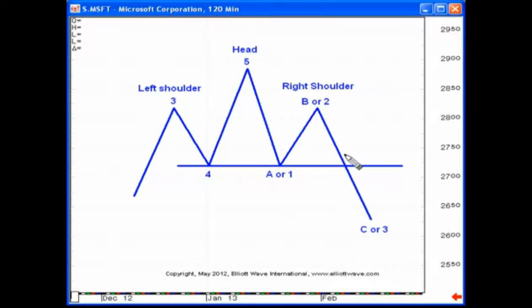When prices break the neckline, we can either see further decline in wave C, or a much larger sell-off in wave 3. This is how you would put that old school head and shoulders pattern into an Elliott wave context: waves 3, 4, 5, A or 1, B or 2, and C or 3.